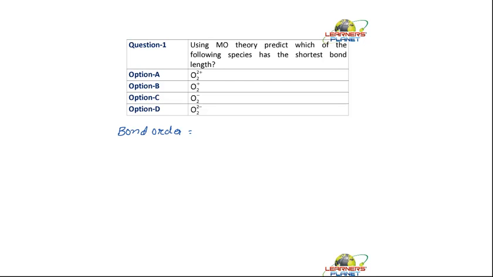Bond order is equal to the number of bonding electrons minus the number of anti-bonding electrons, right, and that is divided by what?